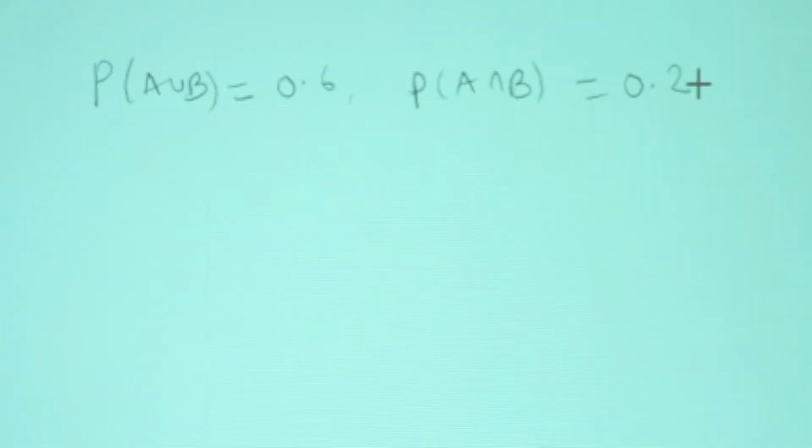Here, P of A union B is 0.6 and P of A intersection B is 0.2.